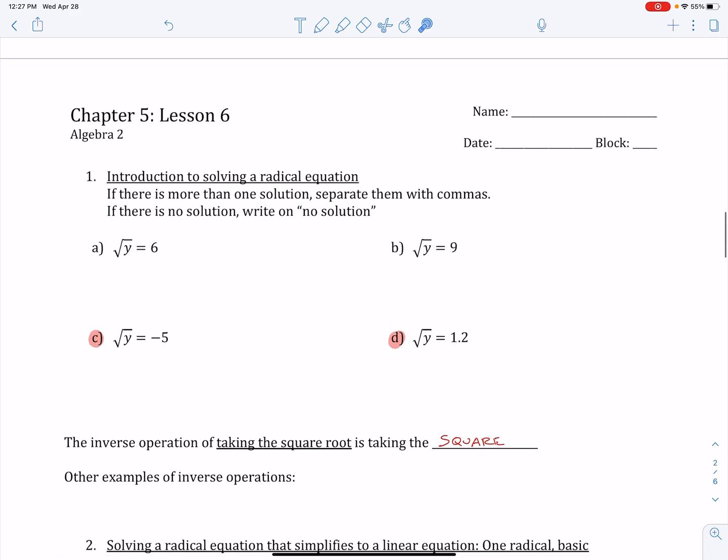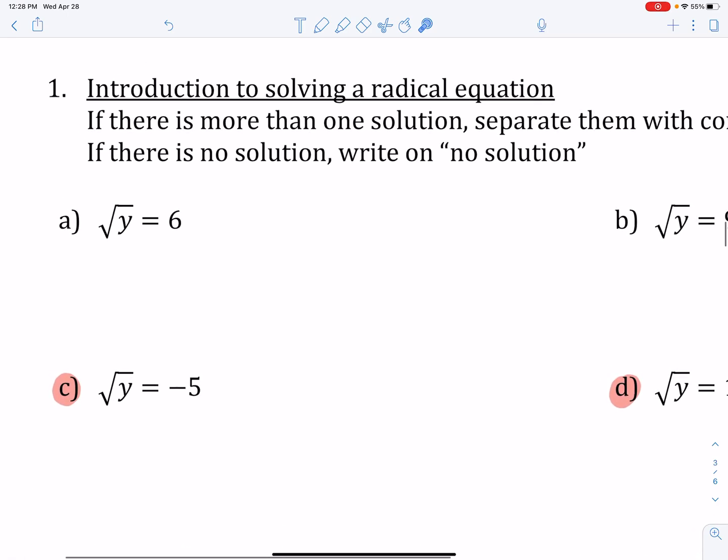So this is actually really easy, and there are a little bit of tricks that can happen with this, but we're introducing solving a radical equation. So if you recall, our index here is really 2, right? With that in mind, to get rid of this square root sign, or the radical, all we need to do here is one step.